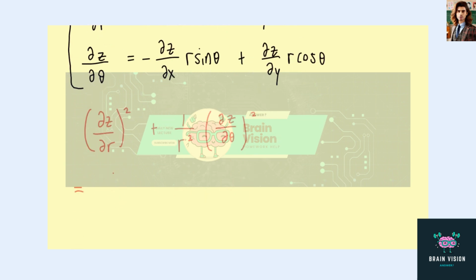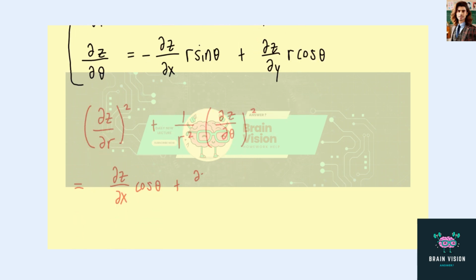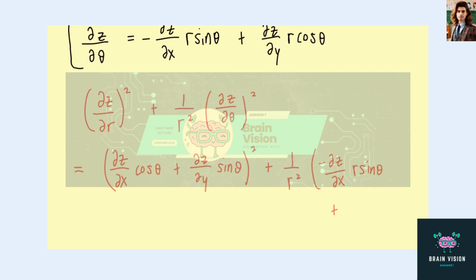We have partial z partial x cosine theta plus partial z partial y sine theta, and this is going to be squared, plus 1 over r squared times negative partial z partial x r sine theta plus partial z partial y r cosine theta, and this will also be squared.